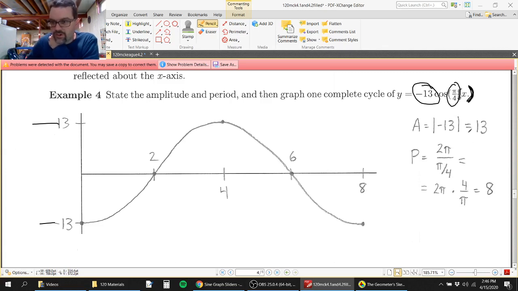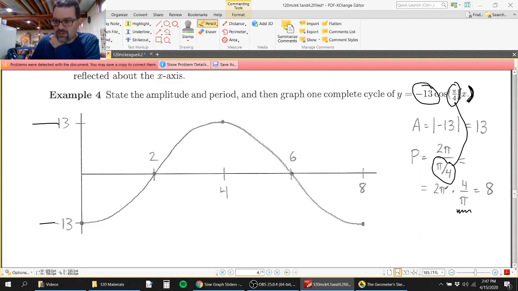Now, pi over 4 sounds like not so much fun to deal with in there, but nice things actually happen. So the x is being multiplied by pi over 4. So the period will be 2 pi, the original period, divided by whatever that number is. That comes from here. And what's nice about that is that dividing by a fraction is the same as multiplying by the reciprocal.